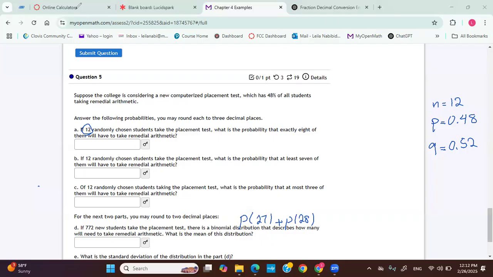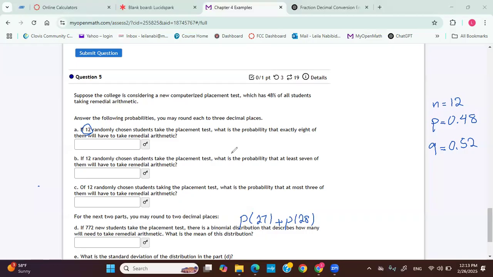I want you all to practice making sure that you can open the online calculator on the exam. If you can't open it for any reason, based on the device that you have, you may need a TI-83 or 84 calculator, because when we move on to the next chapter, we really need these. Some problems are not possible to solve manually.